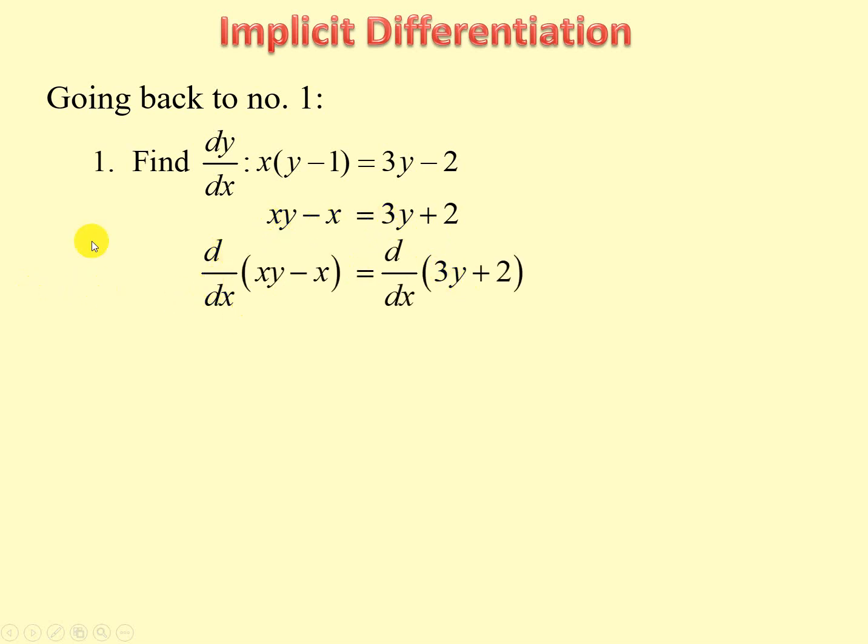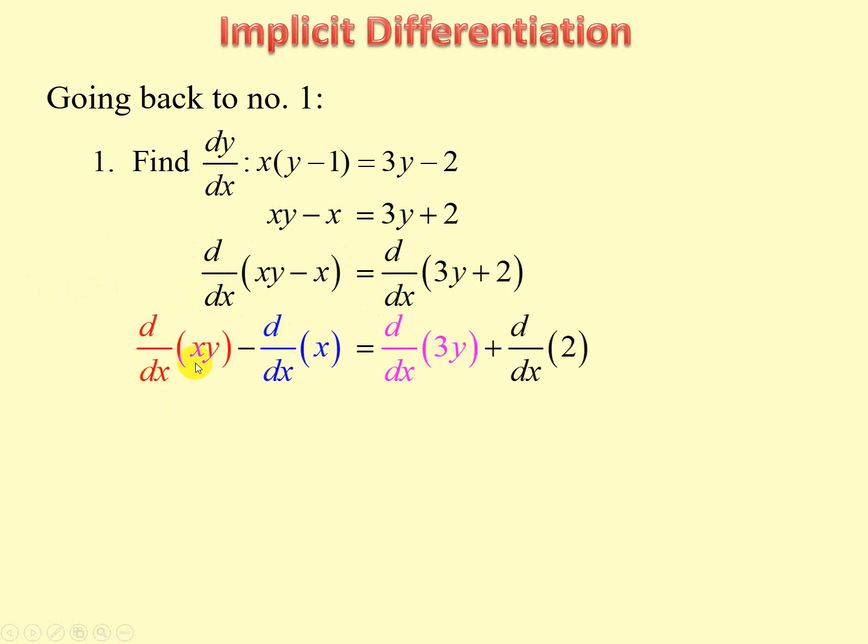You don't have to put this step in. So derivative of xy minus derivative of x equals derivative of 3y plus derivative of 2. What we're saying, in other words, is in implicit differentiation, we differentiate each term throughout the equation. There are 1, 2, 3, 4 terms, so we differentiate each term.